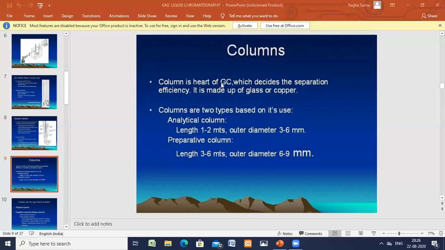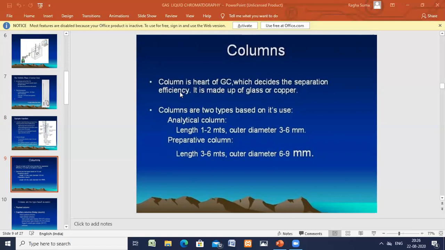Why? Because it is the heart of gas liquid chromatography or any other chromatography, since the actual separation, the separation efficiency and the resolving, everything takes place only in the column. Our aim is to separate, and it takes place in the column.